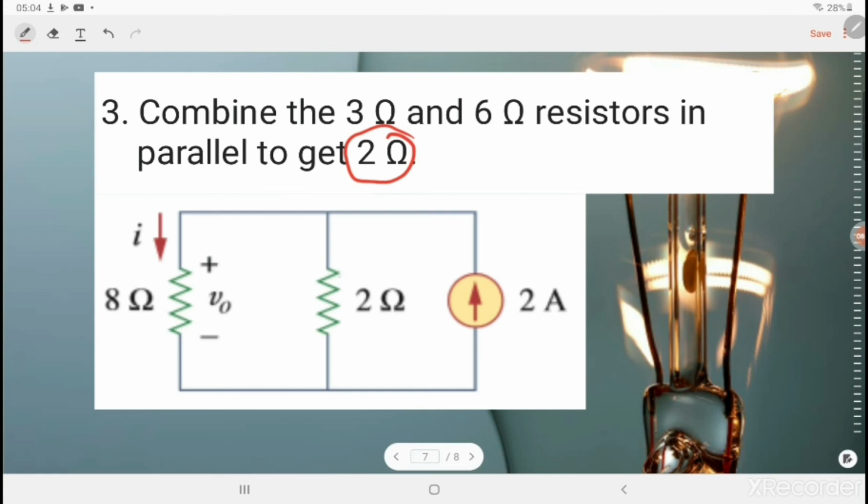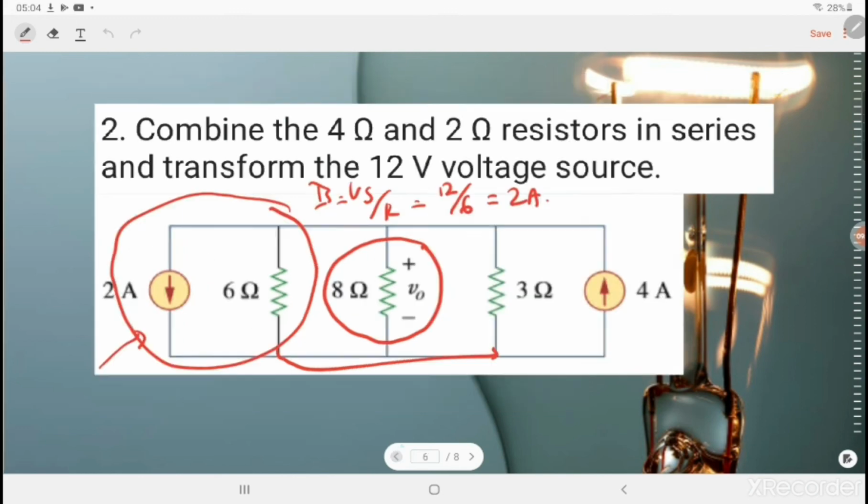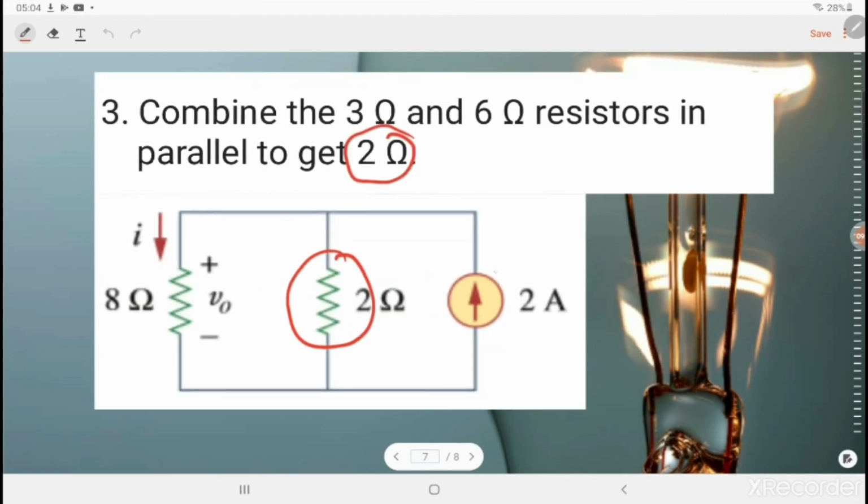Now we have 2 ohms parallel with 8 ohm, and at the same time, the current source over here and the current source over here can also be combined together. When we combine 2 ampere and 4 ampere, it becomes 2 ampere. So by looking at this circuit, this is the simplest circuit that we can get by using source transformation.